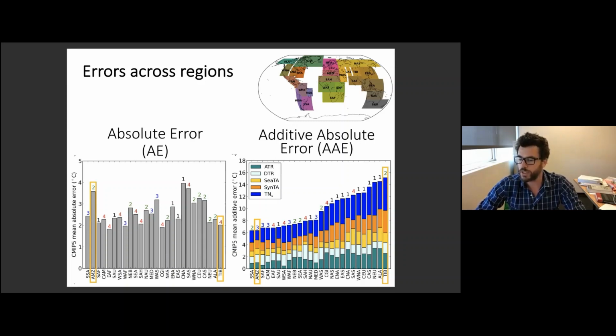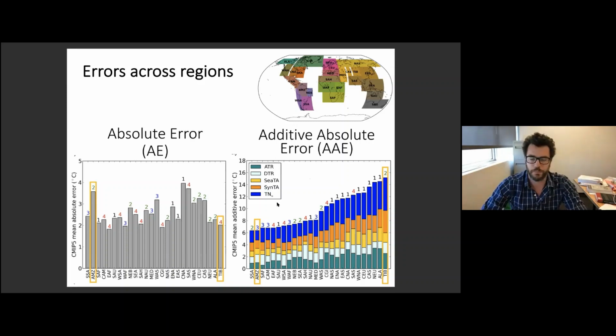However, when you look at the additive absolute error, in this case it is about 15 degrees, and it seems the hardest region to represent, which also in some way makes sense. Again, different terms play a different role in different regions. I'm not going to get much into the detail of that, but the papers show some more detail on this.